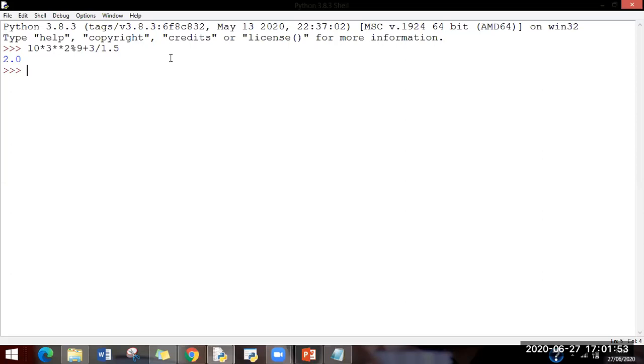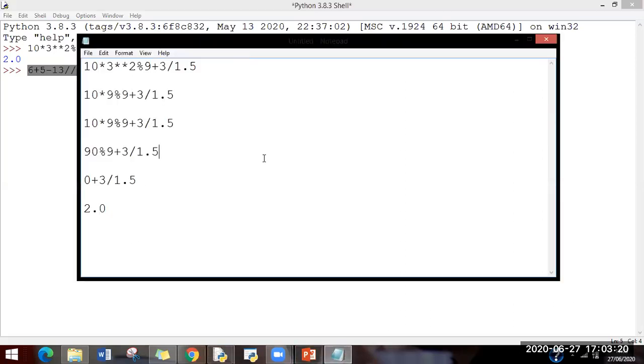So let us try another operation. Let us just see this question. 6 plus 5 minus 13, floor division by 4, modulus by 5, and exponential by 2. So let us just solve this question.